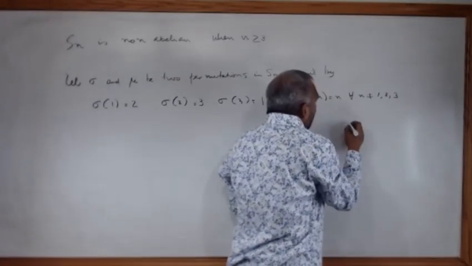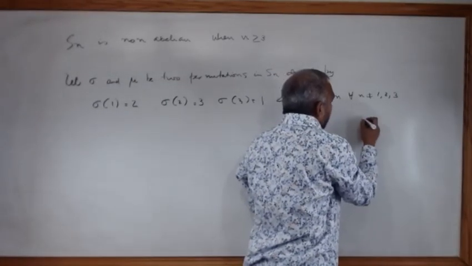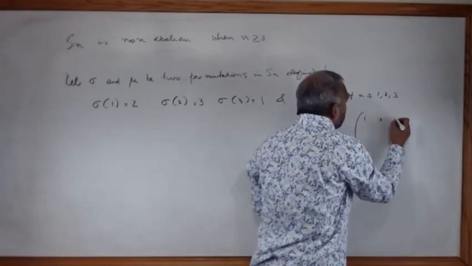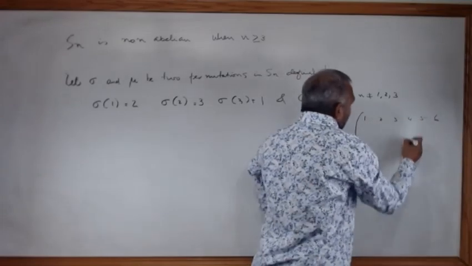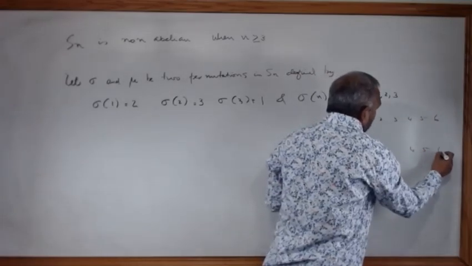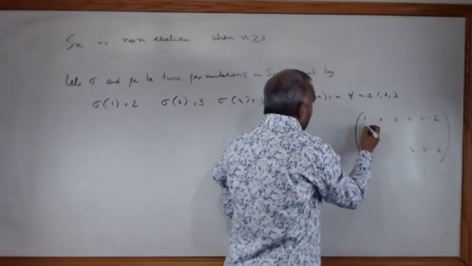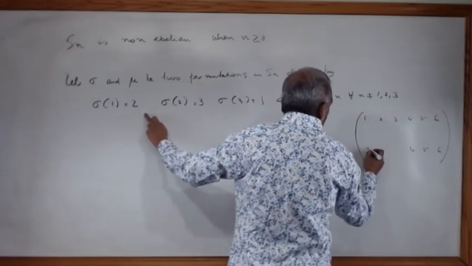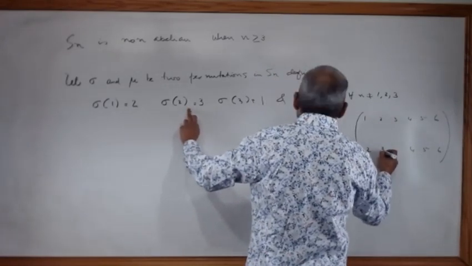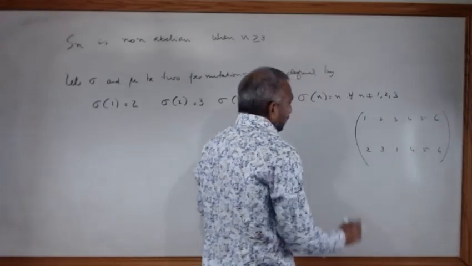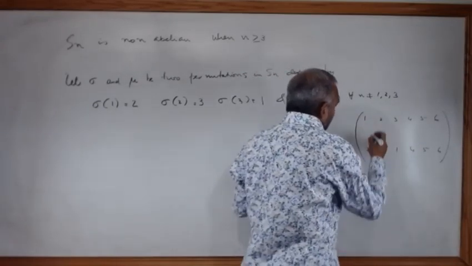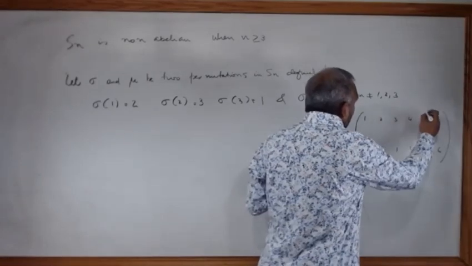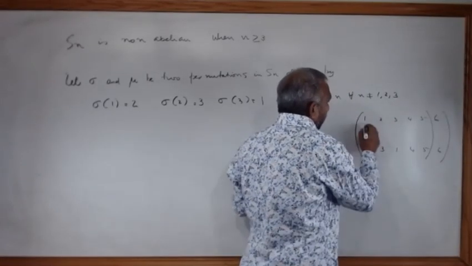So let us see in S6 how this is going to happen. S6, 1, 2, 3, 4, 5, 6. So these 3 elements are not moved. But here, this is going to be 2, and this is going to be 3, and this is going to be 1. So this is the permutation I am talking about. And if you take another one in S5, then this is the permutation I am talking about.